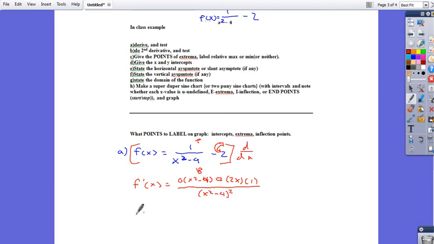So let's simplify this. And this goes away. It's negative 2x over all that good stuff.